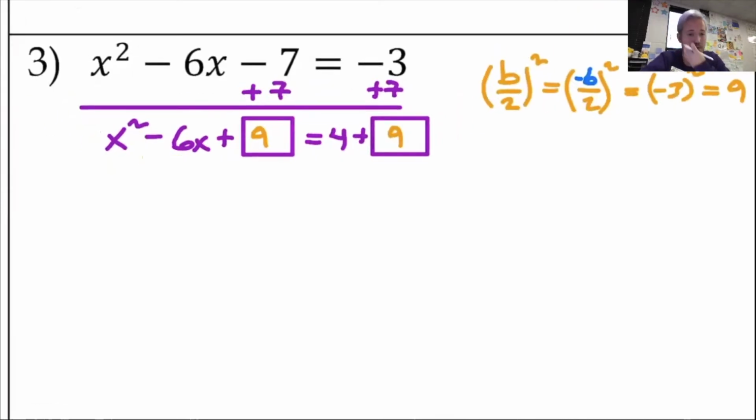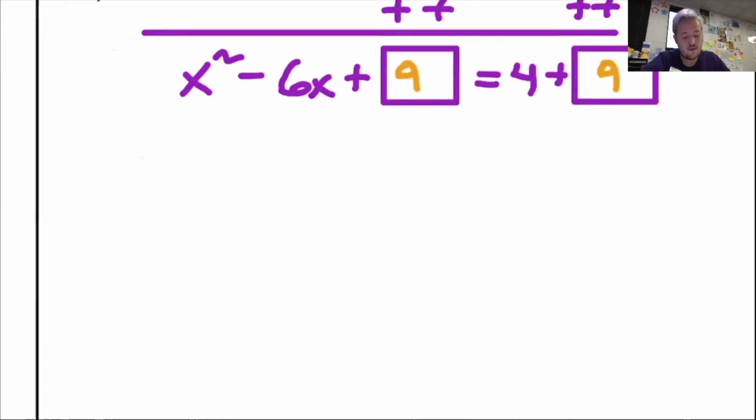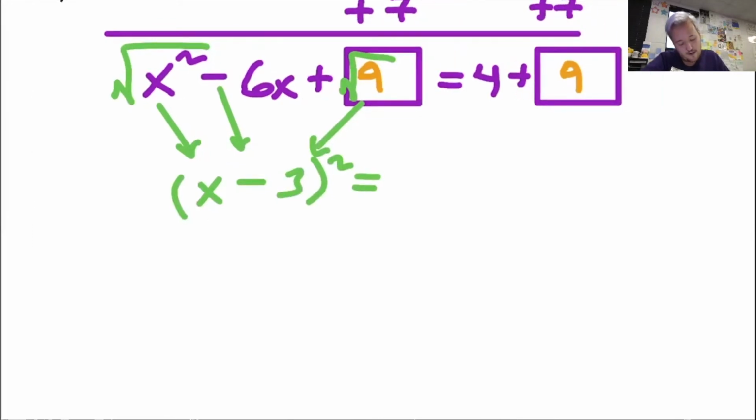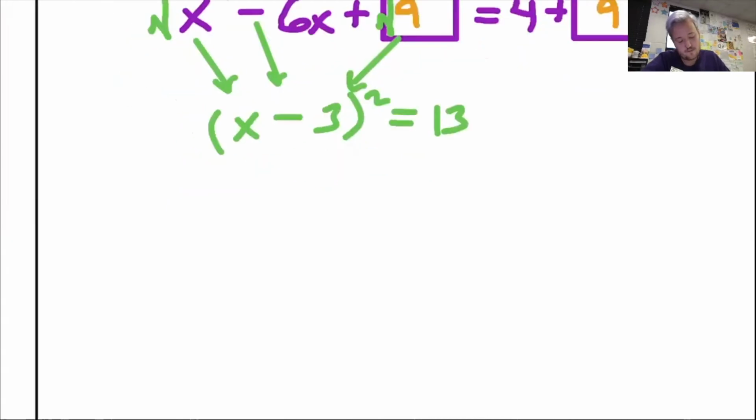All right, so now we're going to start factoring. Square root of the first, which is x, then keep the sign of the b, and then square root of the last, which is 3, and it's squared. And then on the right side, we're going to have 4 plus 9, which gives you 13.